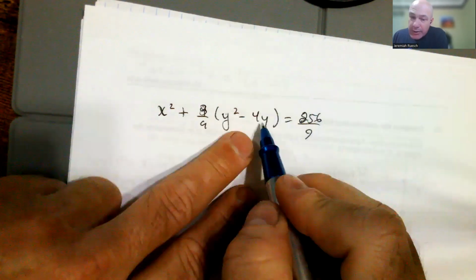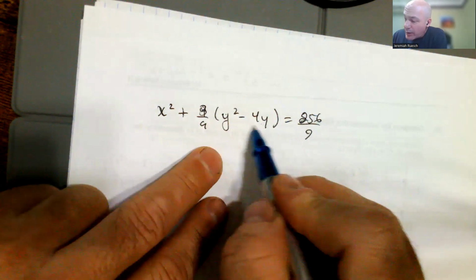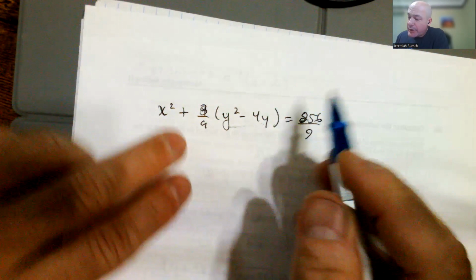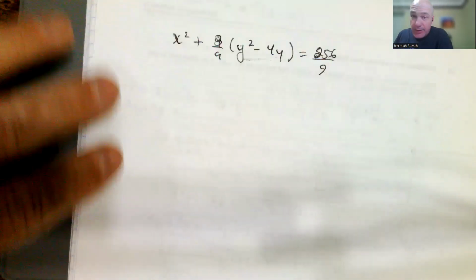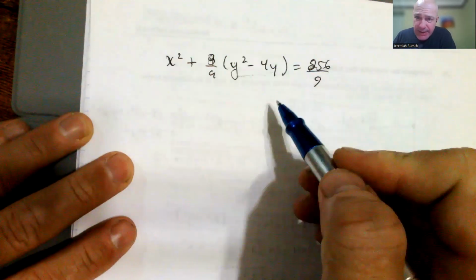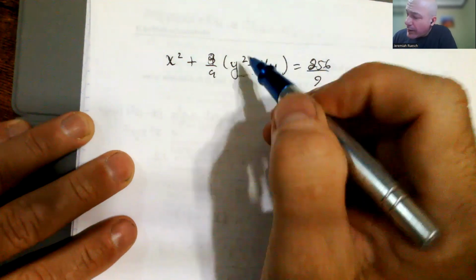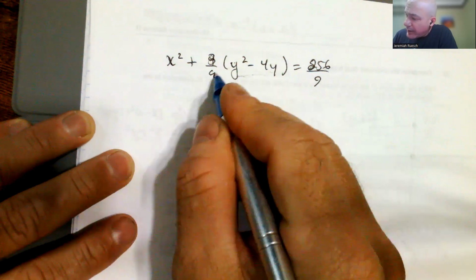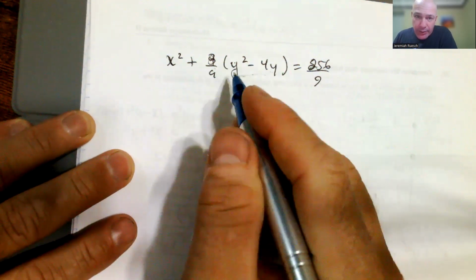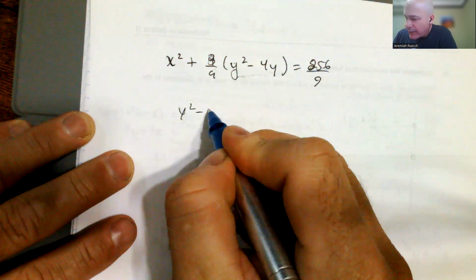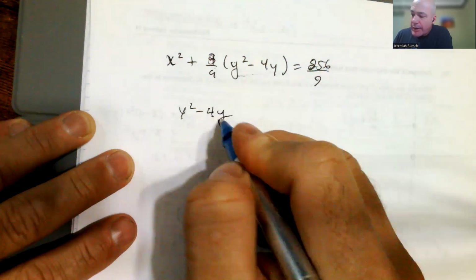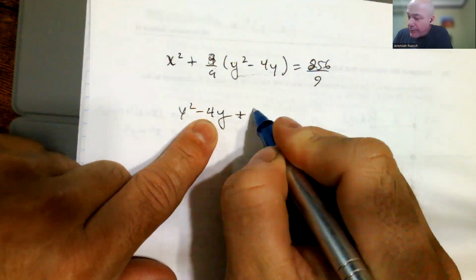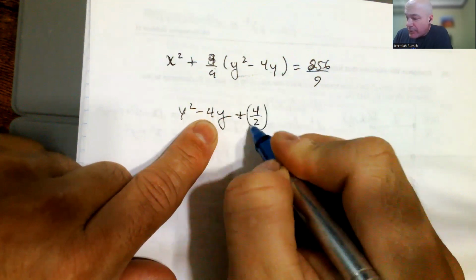Okay. So now I'm going to use completing the square here to simplify this, to put it into a form that may be a little bit more recognizable. I can tell you what it is now, but I think it'll be worthwhile doing. So to do this, I'll do it separately, and then we'll come back and deal with the factor out here in just a second. So y squared minus 4y. To complete the square, you take half of the b term, so we're going to have 4 divided by 2, and then you're going to square it.